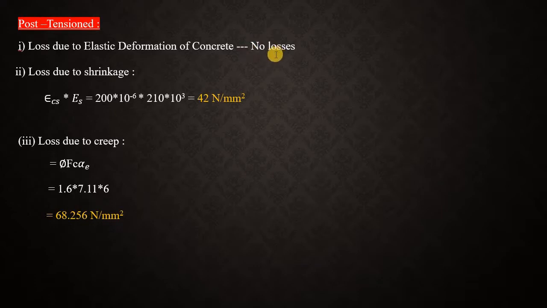In the question they have not mentioned whether the cables are successively pulled or pulled one after the other simultaneously, so we can directly assume that there is no loss in the post tension system, because there is no loss of elastic deformation.